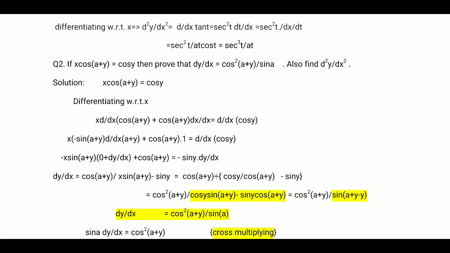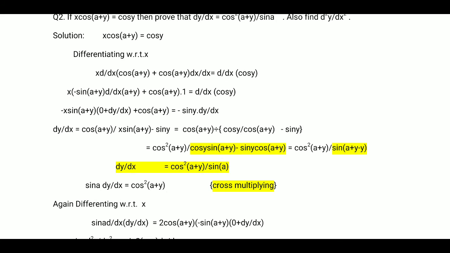After substituting the value of x, that is cos y upon cos(a plus y), we get cos(a plus y) divided by [cos y upon cos(a plus y) into sin(a plus y) minus sin y].